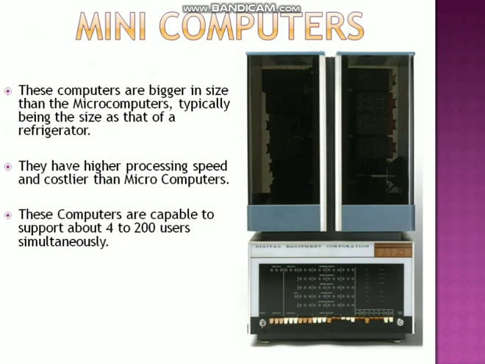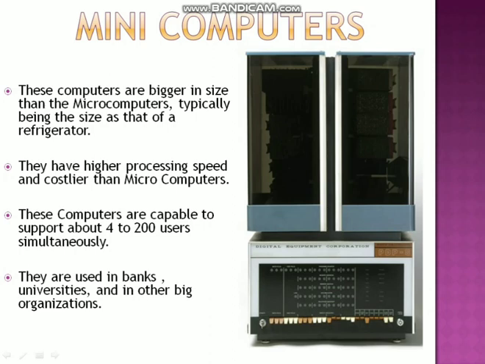These computers are capable of supporting 4 to 200 users simultaneously, which means at a time it can support more than 4 users, up to 200 users. And where are these minicomputers being used?